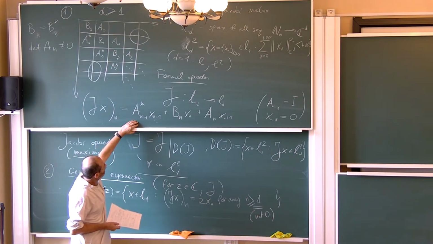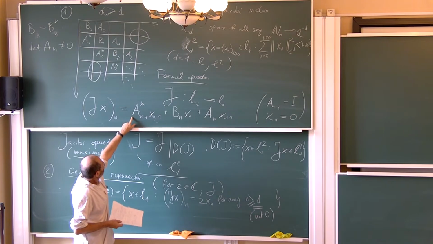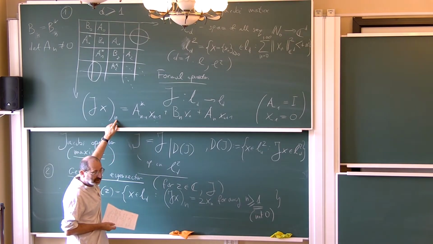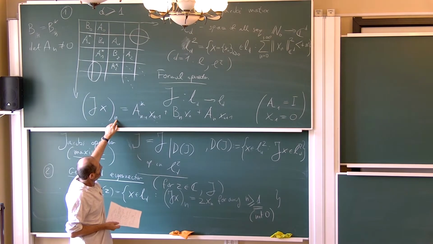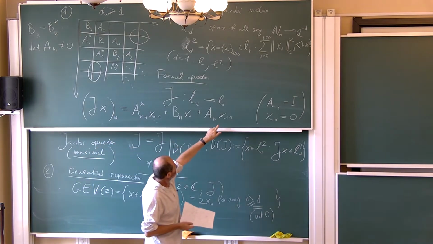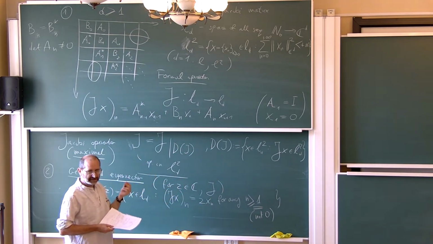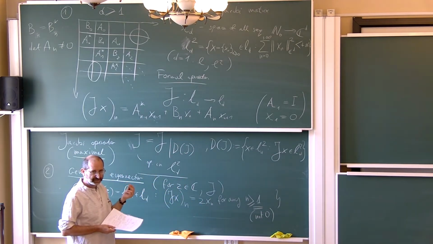It means that for all n starting from 1, we have a recurrence equation of the form something like this equal to z times x_n.